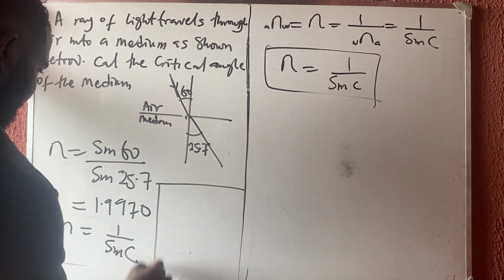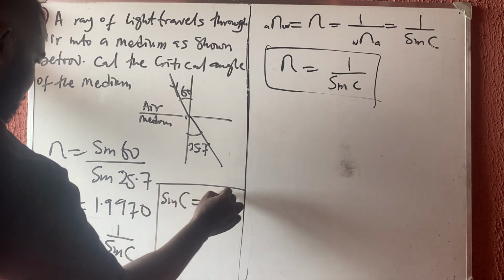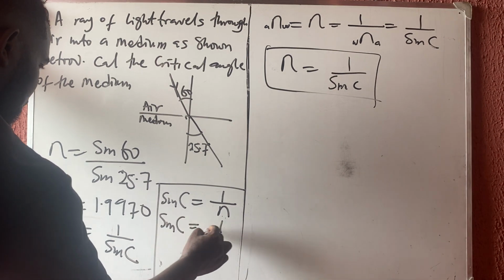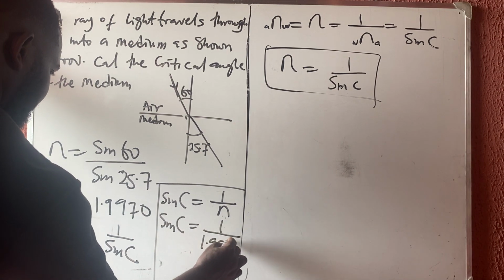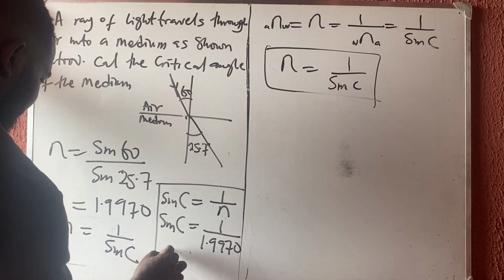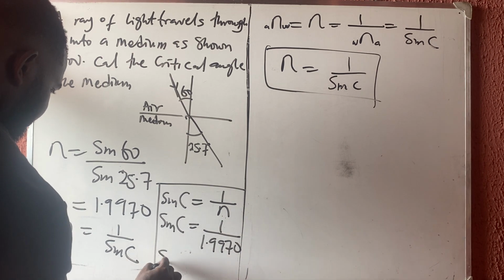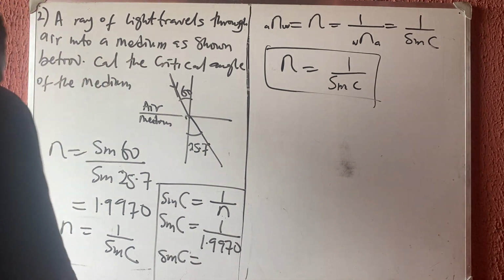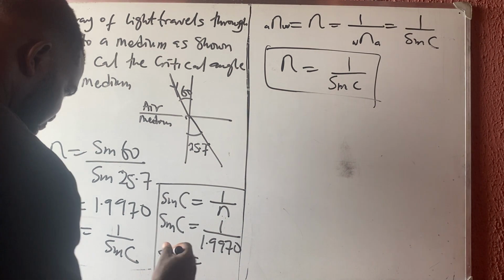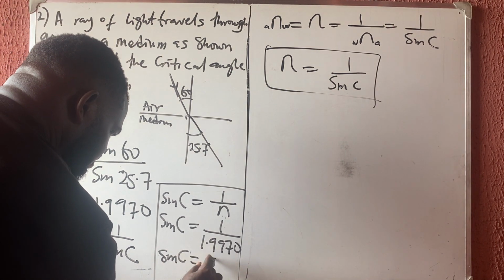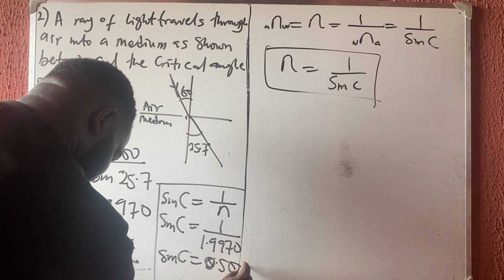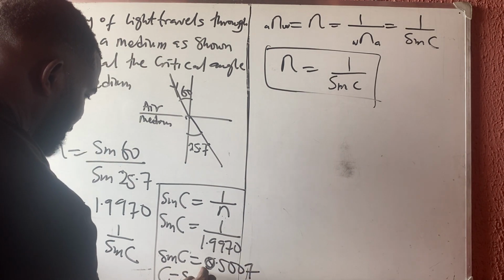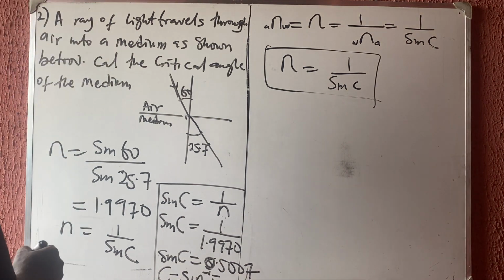So therefore my sine critical angle is equal to 1 over n, which is 1 over 1.9970. 1 divided by my answer, I'm having 0.5007. So my critical angle is going to be the sine inverse of that answer.